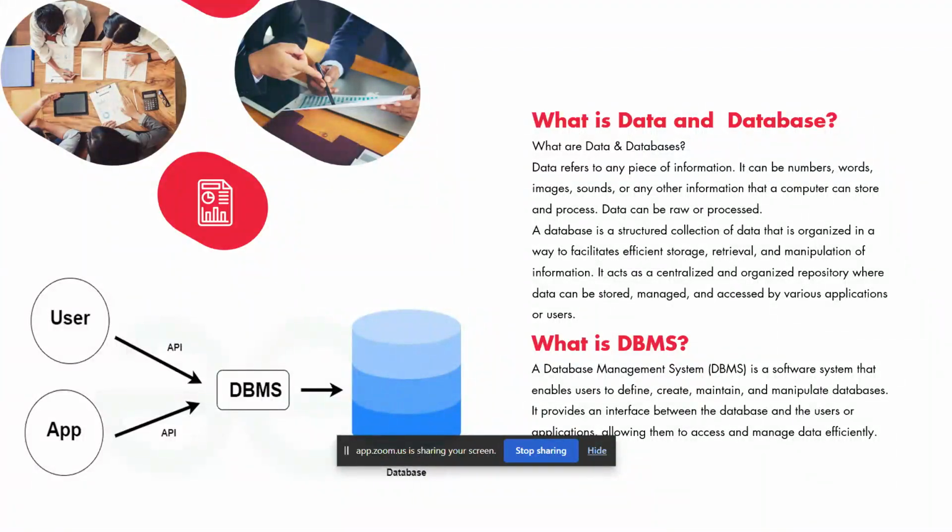They are organized in an effective way that helps you to quickly retrieve important information and manipulate information within the database. It acts like a central and organized repository where data is stored, managed, and accessed by various applications or users. I'll give you a real world example.